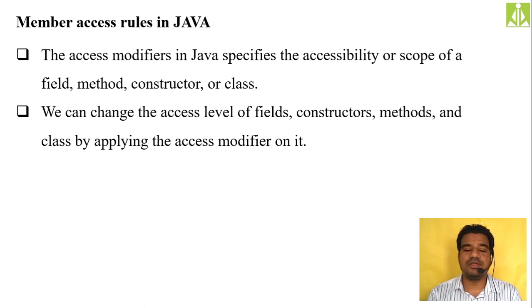The access modifiers in Java specify the accessibility or the scope of a field, method, constructor, or a class. So these access specifiers will generally specify these things. We can change the access level of fields, constructors, methods, and classes by applying the access modifier on it.